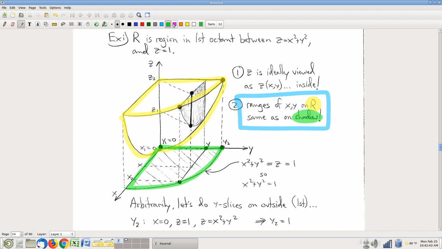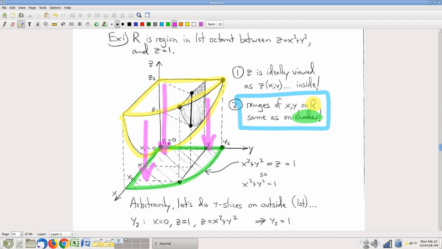In other words, if you just take all these points and push them straight down, like that, in that process of making a shadow, or projecting down to the xy plane, notice that in that process z is the only thing that changes. X and y don't change. So this is a powerful observation.